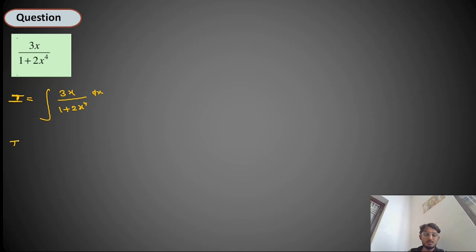Here you can write I equal to 3x upon 1 plus 2x raised to power 4.